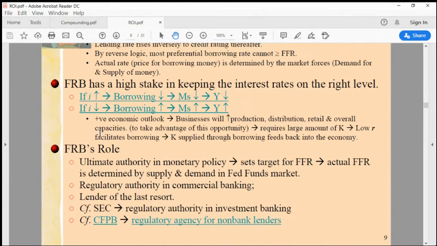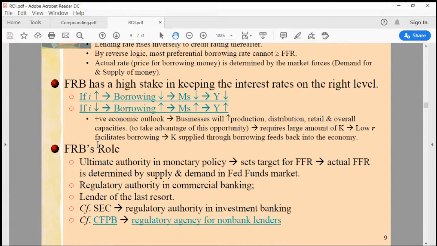But it doesn't explain what causes the interest rate to go down or up. In other words, the picture is missing the mechanism before the change in interest rate.